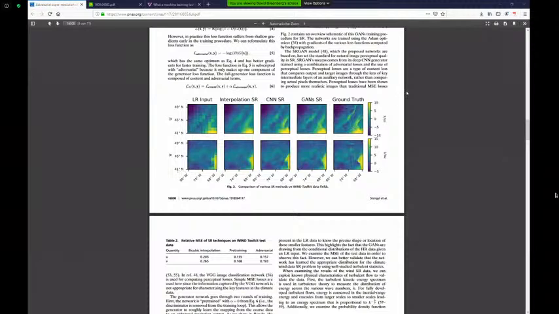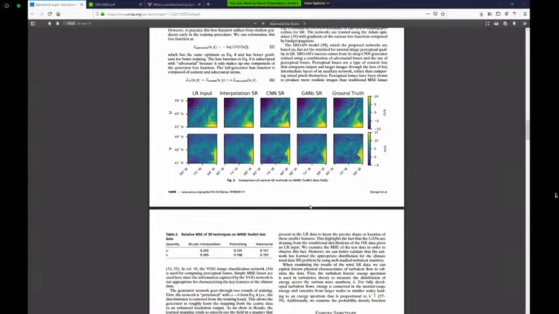So, okay, a natural question to ask, and I think with something we've discussed as well, is does this really mean something, or are we just making up a pretty picture which is sort of consistent in the average with our low resolution stuff? And one of the ways they check this is to look at some physical characteristics of these wind fields and say, are they consistent with what we know about wind?